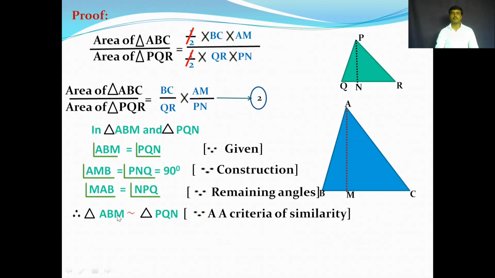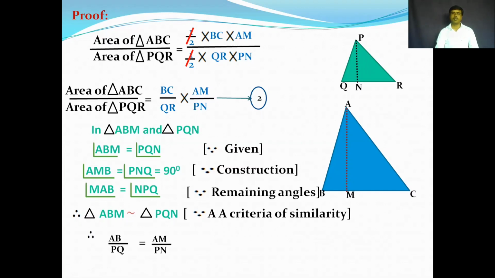If the two triangles are similar, then using the previous theorem, I can say the sides are in proportion. The three sides of triangle ABM and triangle PQN are in the same ratio. That is, they are in proportion. Out of the three, I am taking only two. Which are those two?